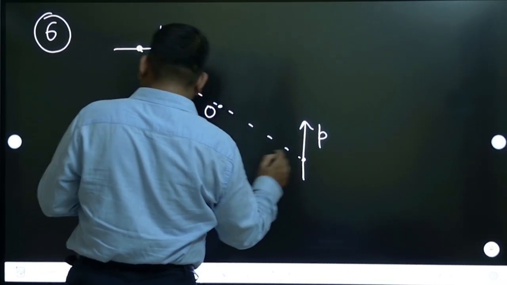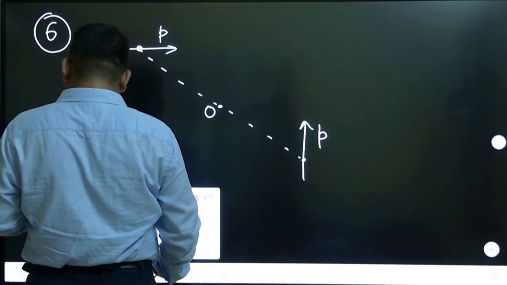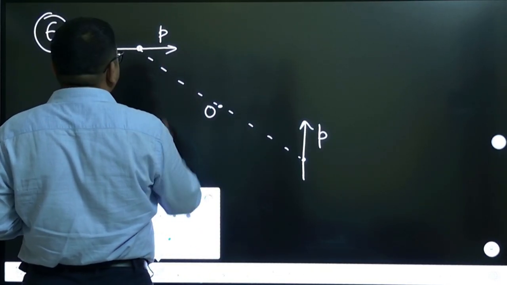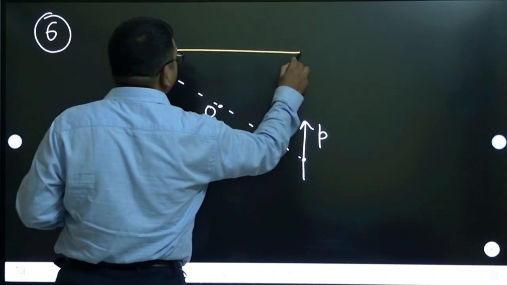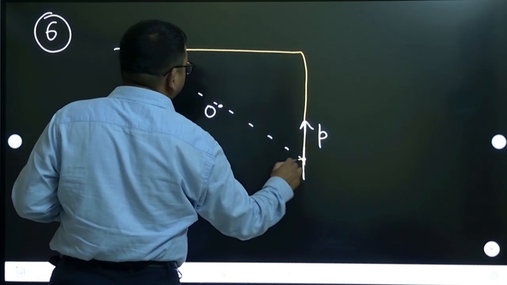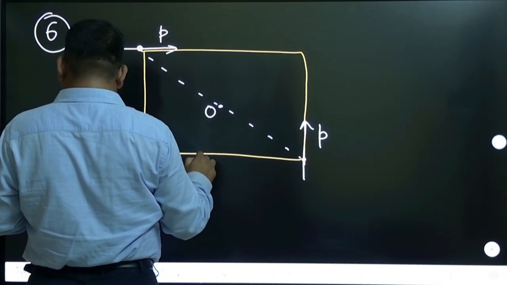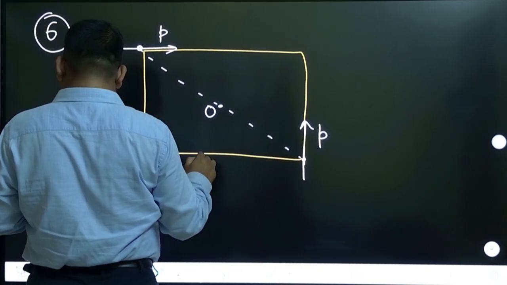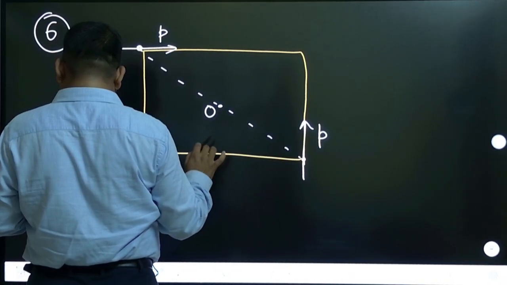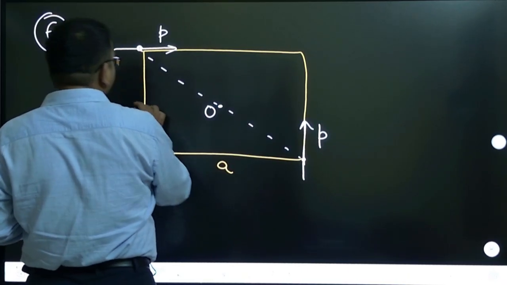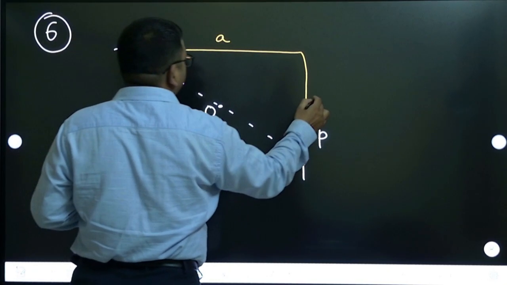It is joining here. This is a square. They have not given the side. Let us say the side is a.